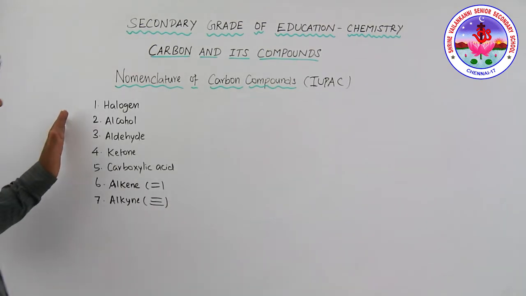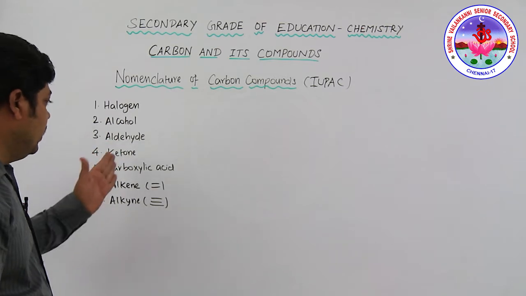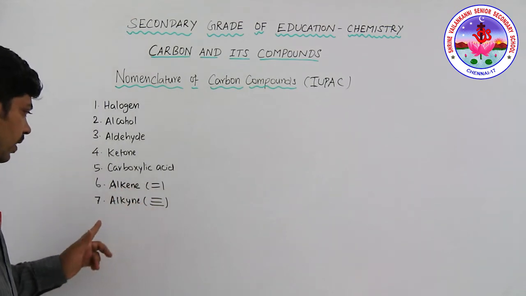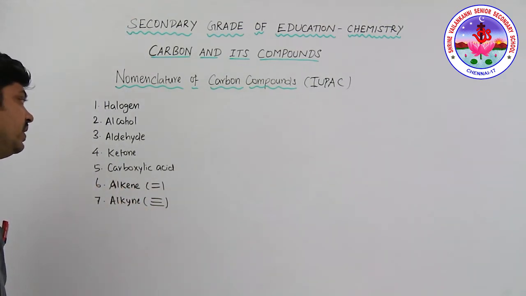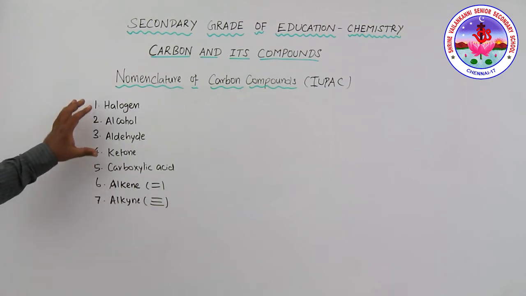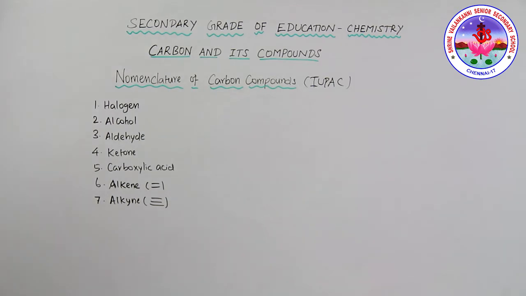See, these are the functional groups: halogen, alcohol, aldehyde, ketone, carboxylic acid. An alkene has a double bond, and an alkyne has a triple bond. Now which ones are suffixes and which are prefixes is very important.